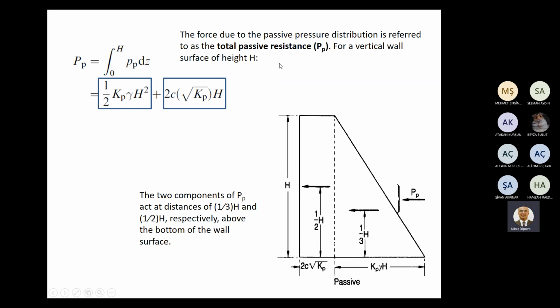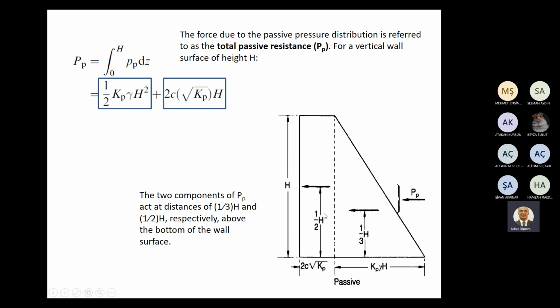The two components of PP have different distributions. The first component is a triangular distribution, and the second component is a rectangular distribution. And the application points of these two components are different.